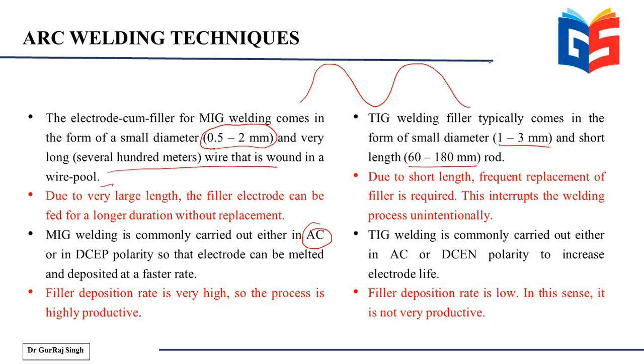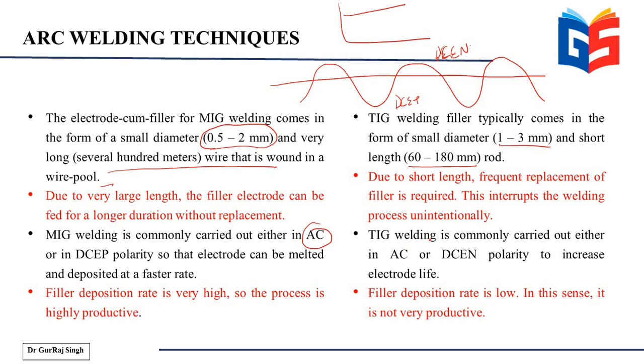It's a sinusoidal wave. But in DC, we have a straight line. So the polarity will consistently change between DCEP and DCEN in case of your AC current.